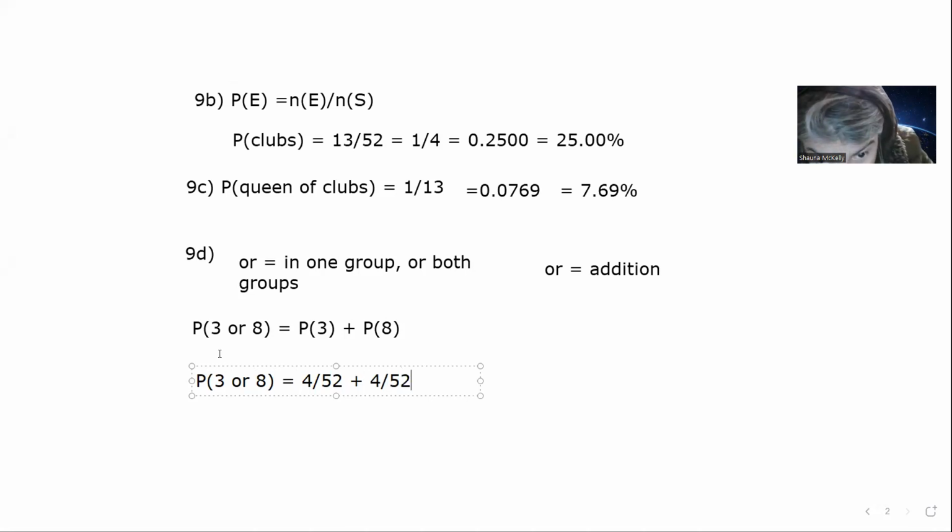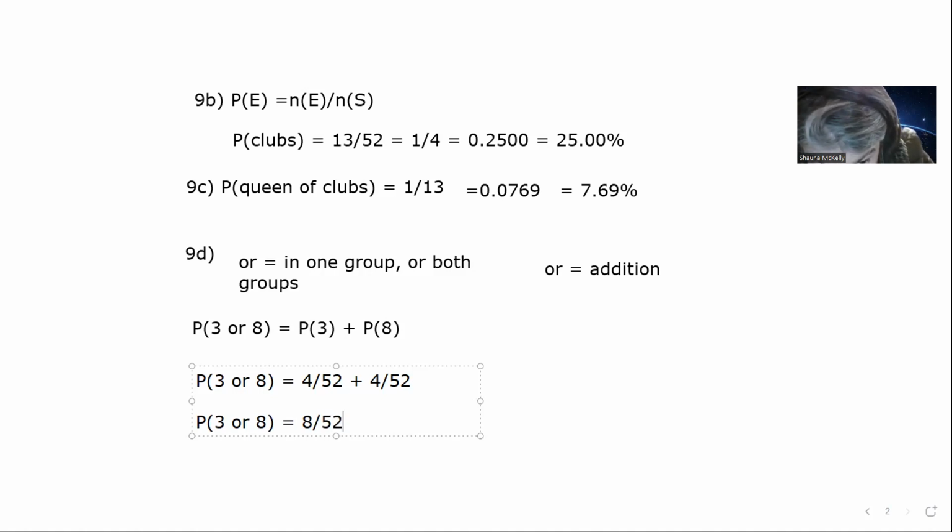This is now going to give us the probability of 3 or 8 is going to give us 8 out of 52.